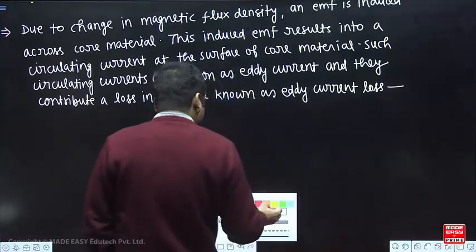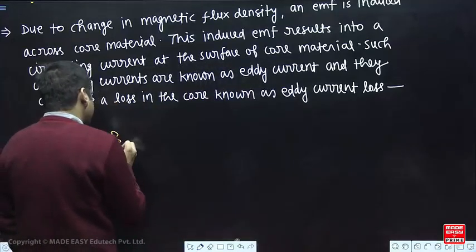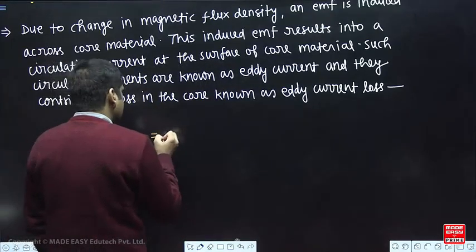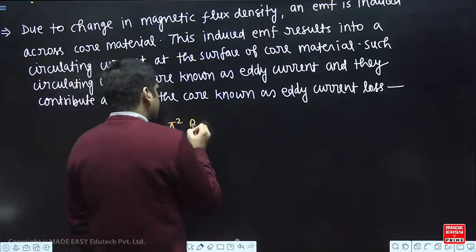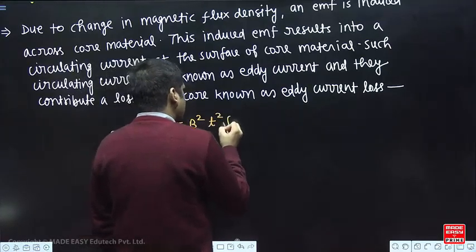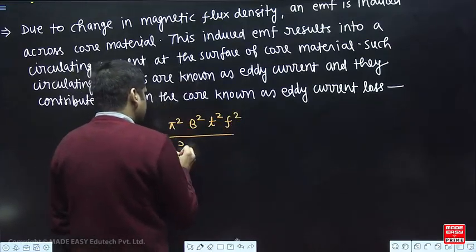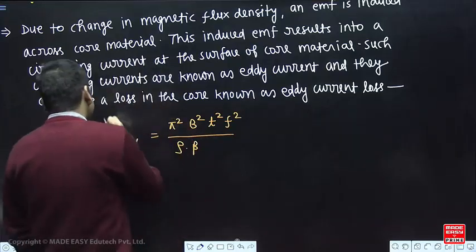So this eddy current loss is given as P eddy equals pi squared B squared T squared F squared rho into beta.